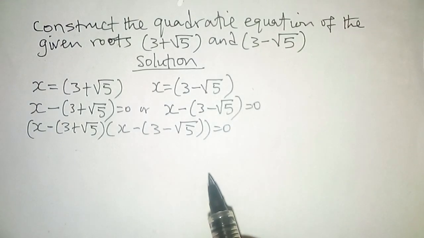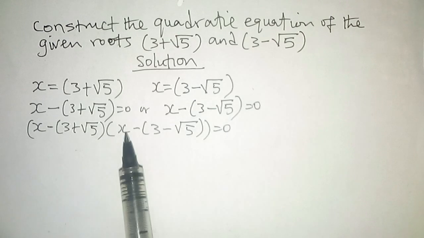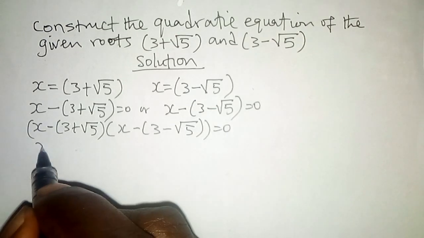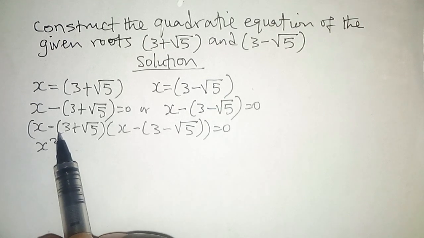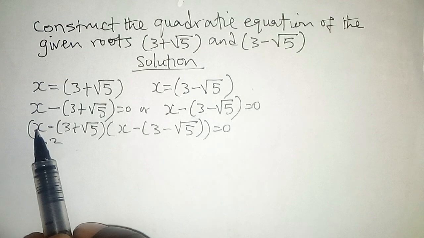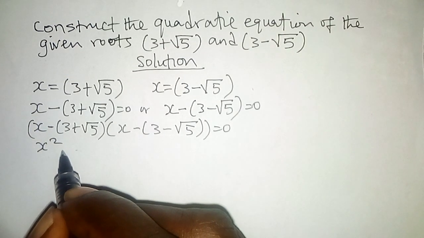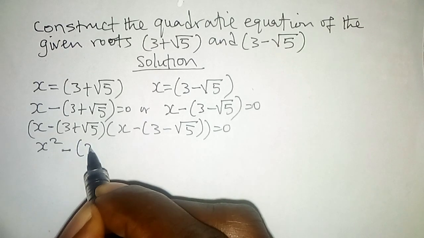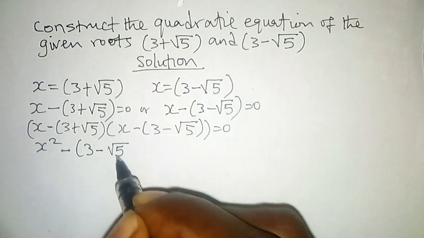So now we are going to open the bracket. x multiplied by x will give us x squared. Now, x multiplied by minus this bracket will give us minus (3 minus the square root of 5) x.